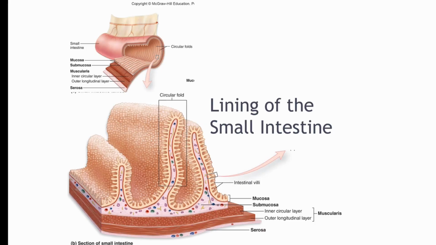And then on those folds, you now have epithelial cells that are arranged on what are called villi. They have villi on top of them. So what are villi again? Villi are microscopic finger-like projections that further increase the surface area.